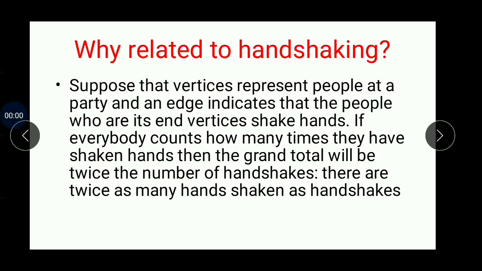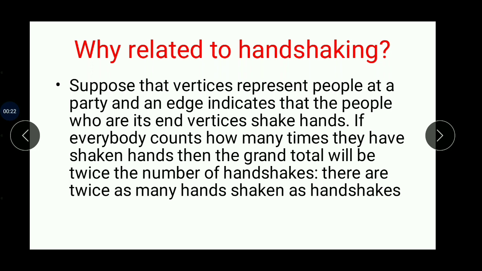Okay. So why is this theorem called the handshaking theorem? Because if we consider vertices as people and edges as handshakes, and if everybody counts how many times they have shaken hands, then the grand total will be twice the number of handshakes.